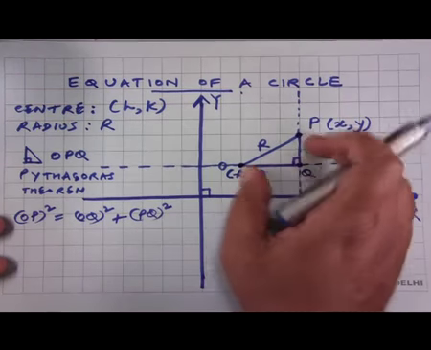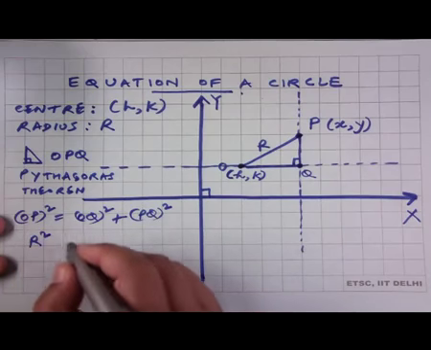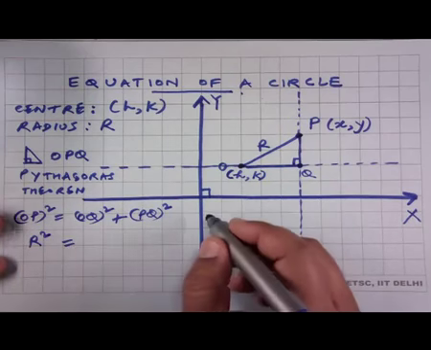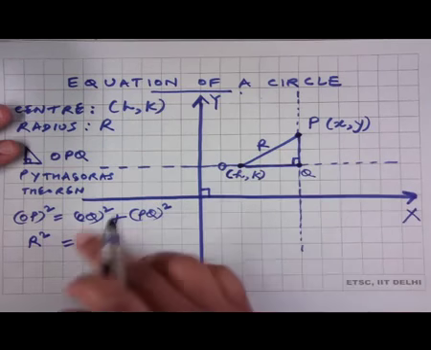But OP square is r square. How much is OQ square?